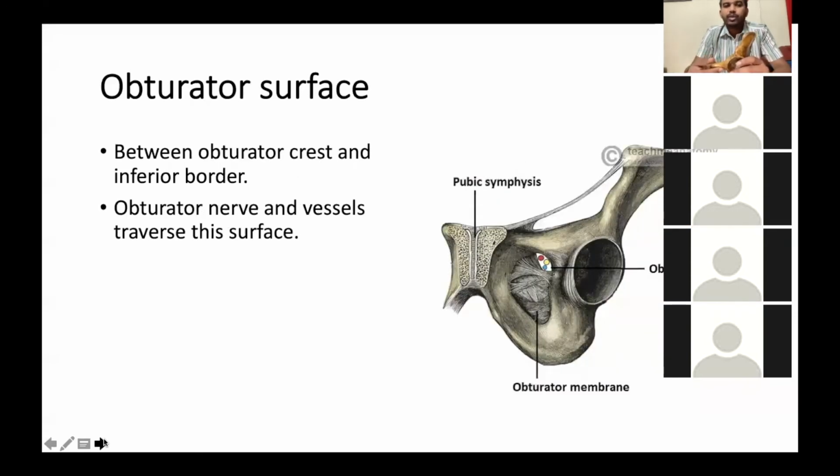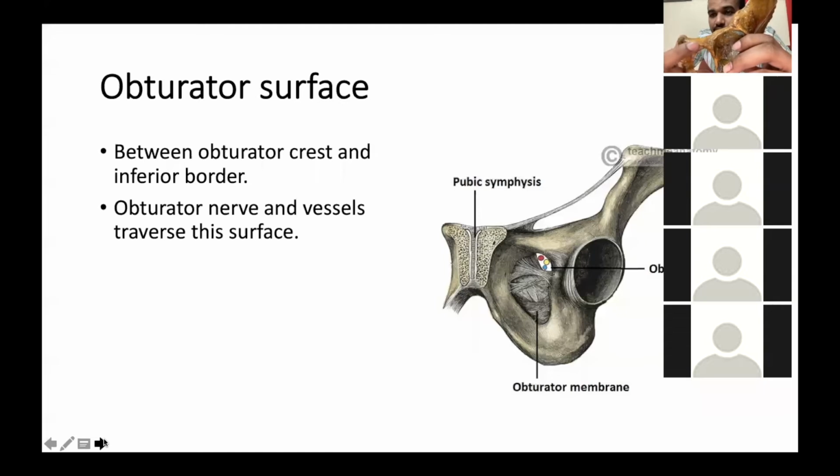And finally, we have one surface, which is the obturator surface. This obturator surface is between the obturator crest and the inferior border. See, this is the anterior border, also called the obturator crest. And this is the inferior border.